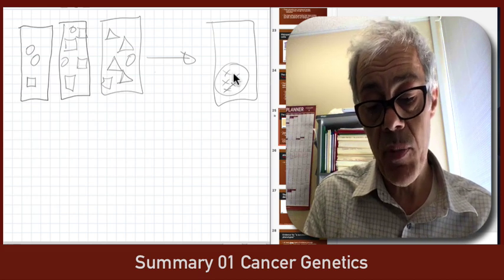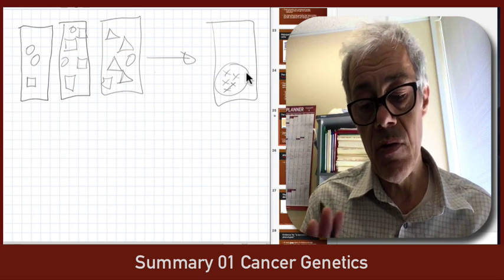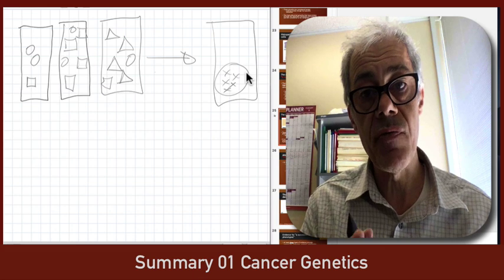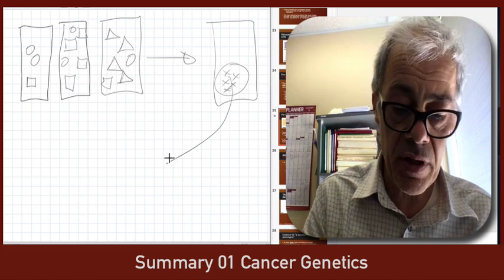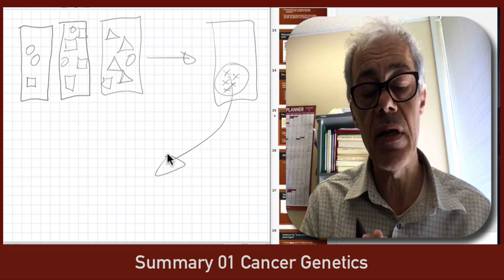And at some point it's able to survive in isolation from those around it. At that point, it's able to leave and metastasize to another part of the body.